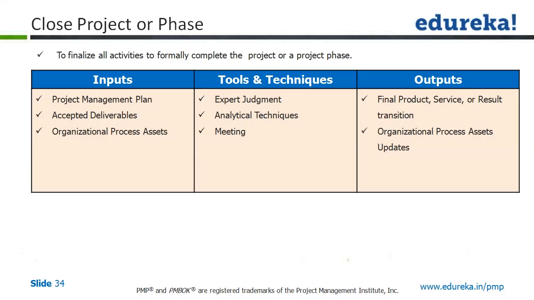So we have covered initiating, planning, executing, monitoring and controlling, and now we are into the closing phase. Also remember that this is the only knowledge area which has a presence across all the 5 process groups.